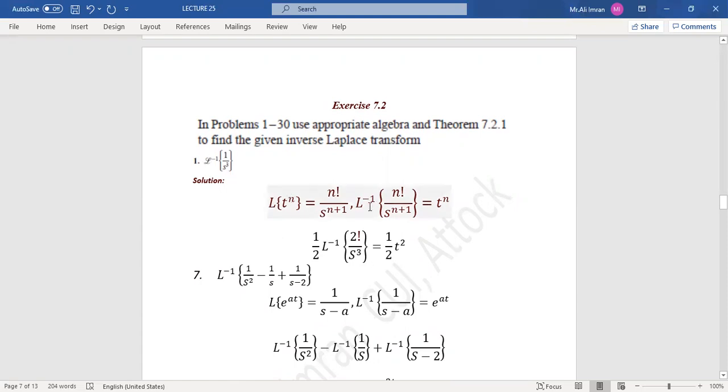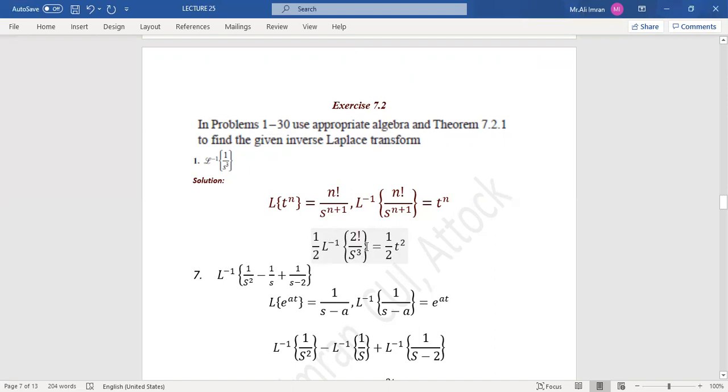We have the formula: inverse Laplace transform of n factorial divided by s power n plus 1 is equal to t power n. Here s power 3, this power may be written as 2 plus 1, where here n is equal to 2. We multiply with 2 factorial and divide by 2 factorial.